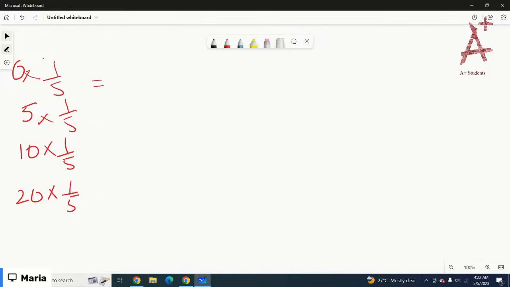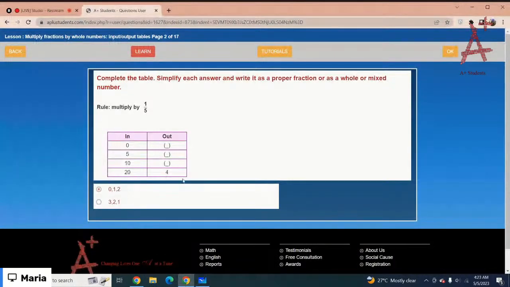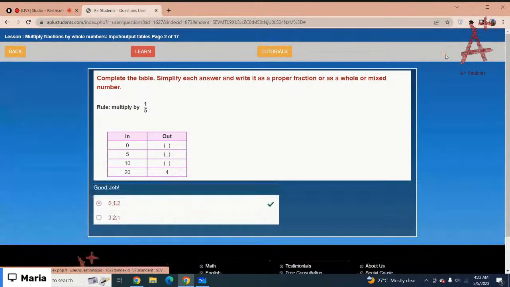So 0 times any number equals 0. 5 and 5 cancel out, you are left with just 1. 5 times 1 is 5, 5 times 2 is 10, so it would be 2. 5 times 1 is 5, 5 times 4 is 20, it would be 4. So the correct option is 0, 1, 2 and 4. Got it? That is the correct option.